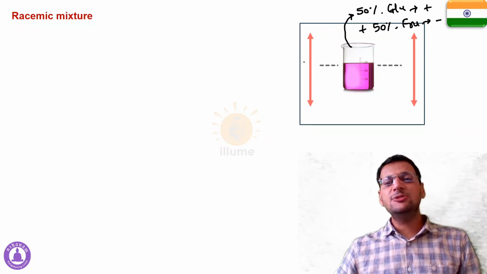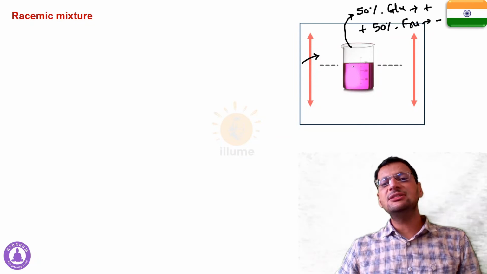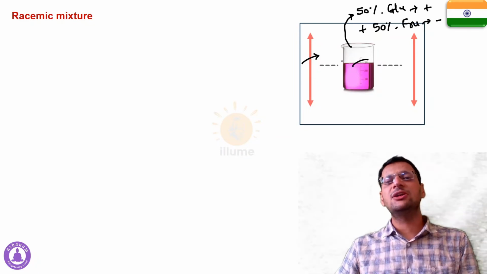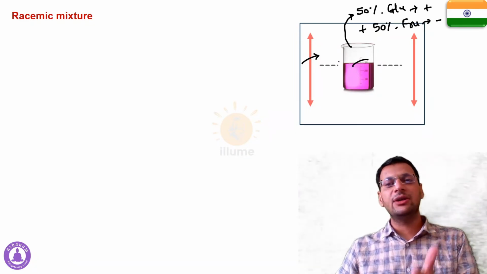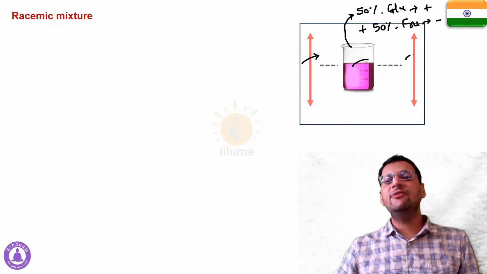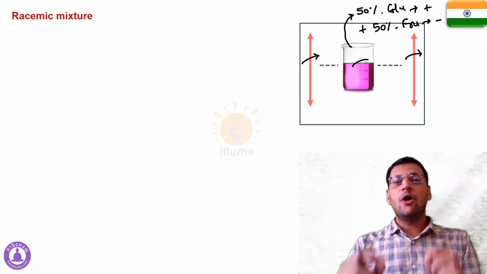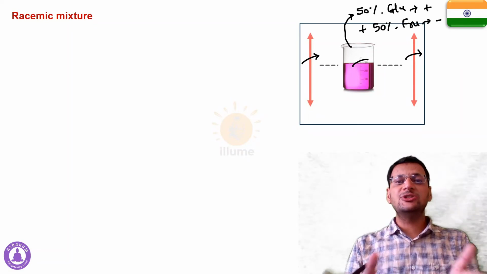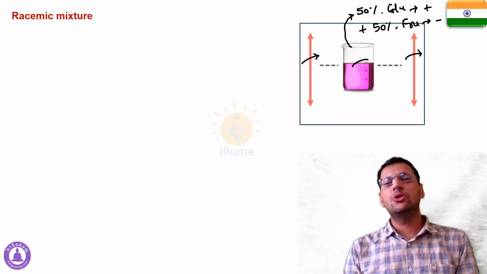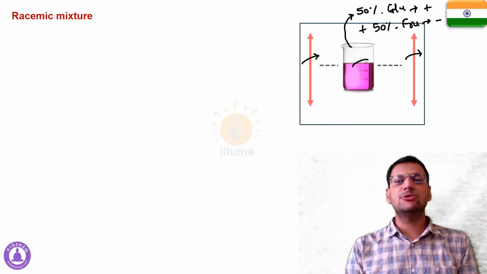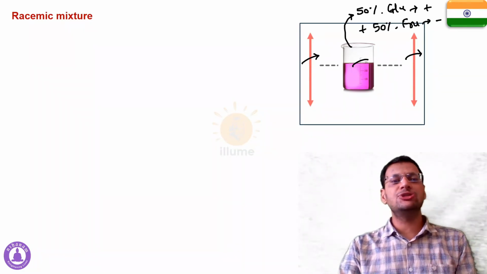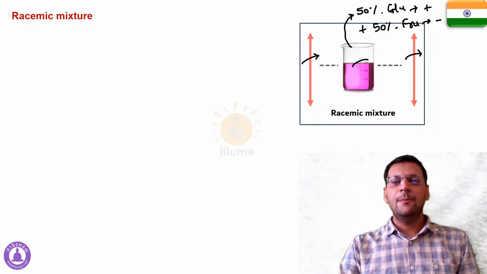When I pass this plane polarized light through this solution, which has got equal concentration of a dextrorotatory and a levorotatory compound, it is not deviating because of the cancellation of the opposite activity by the opposite nature of both compounds. So such solutions are called a racemic mixture.